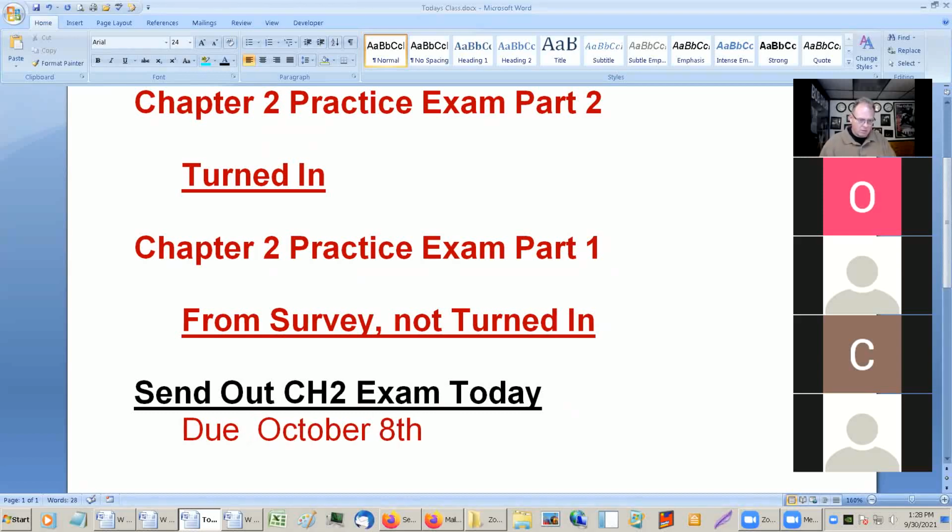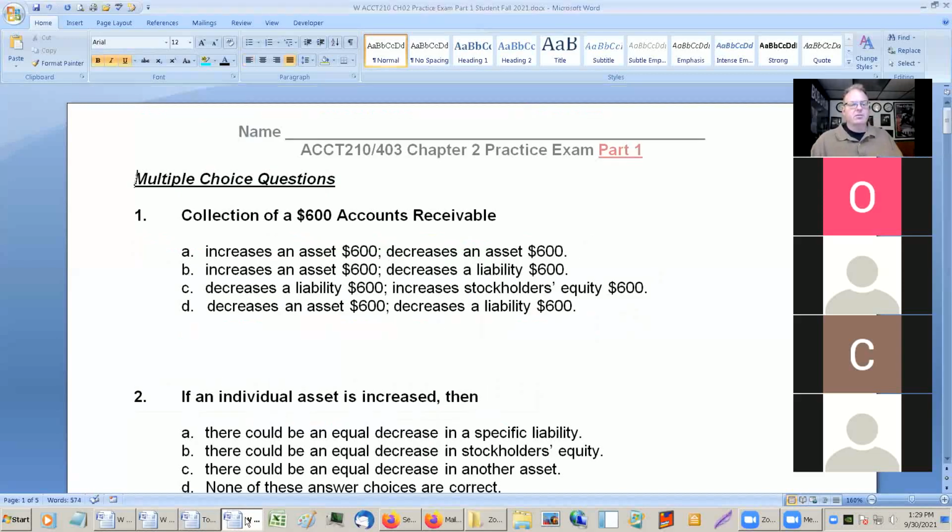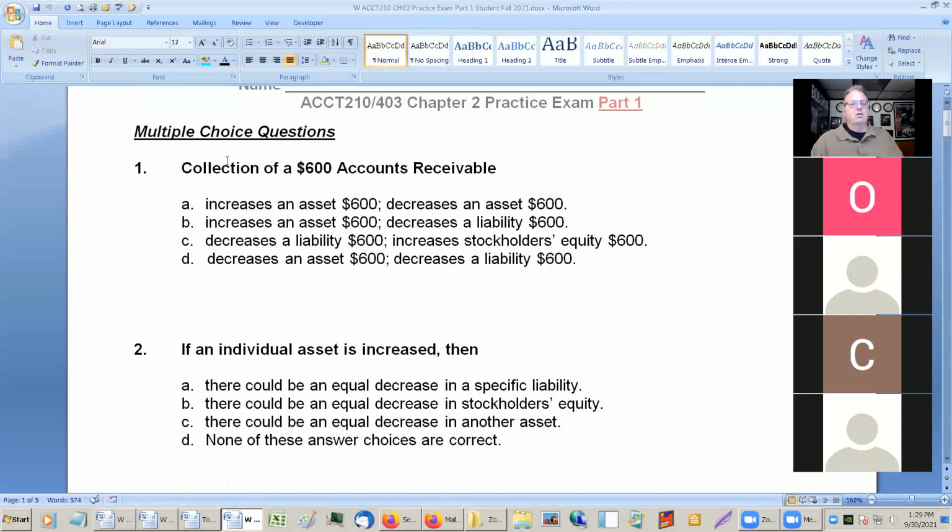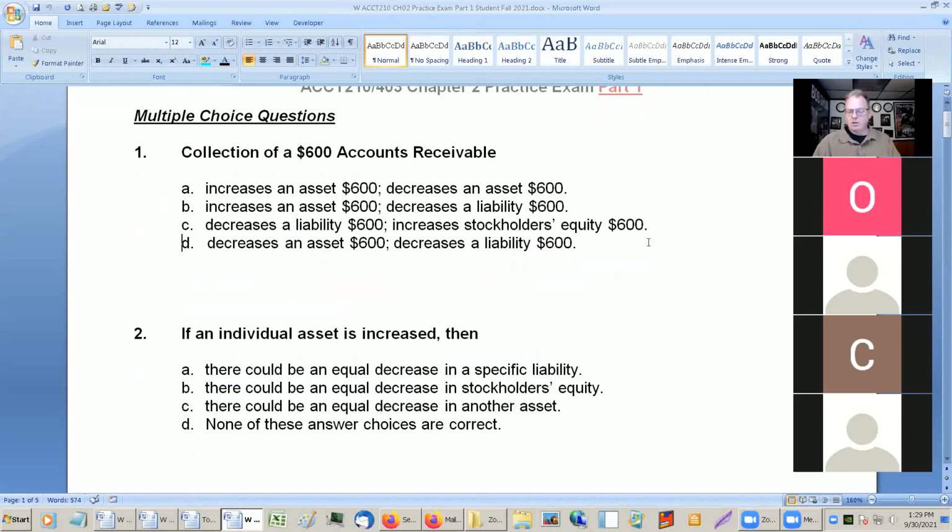So what are we doing with this? Okay, so you've got a survey in front of you, right? For each one of these, you're going to go through and answer the question. So, collection of a $600 account receivable, what would happen? A, B, C, or D, and you're going to put that into your survey. If you answer B, you click B. Answer C, you click C for the first one, then go to the second.